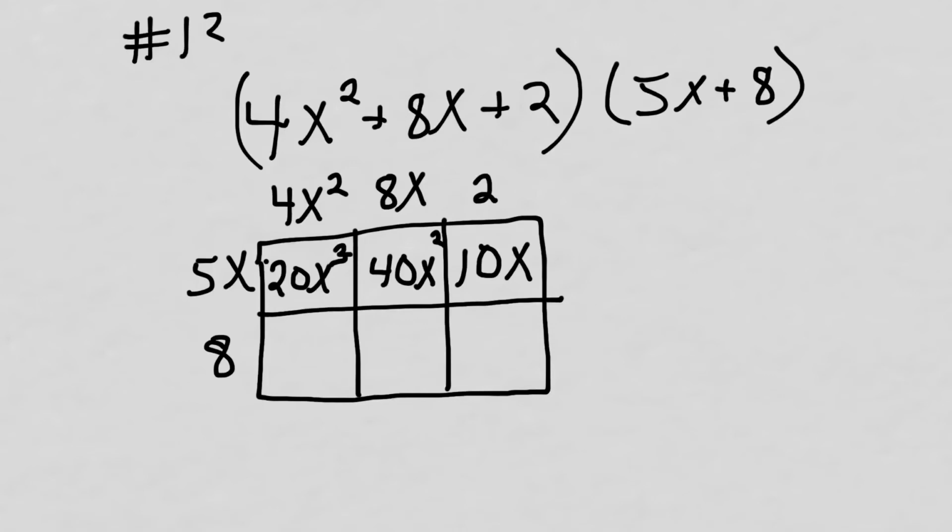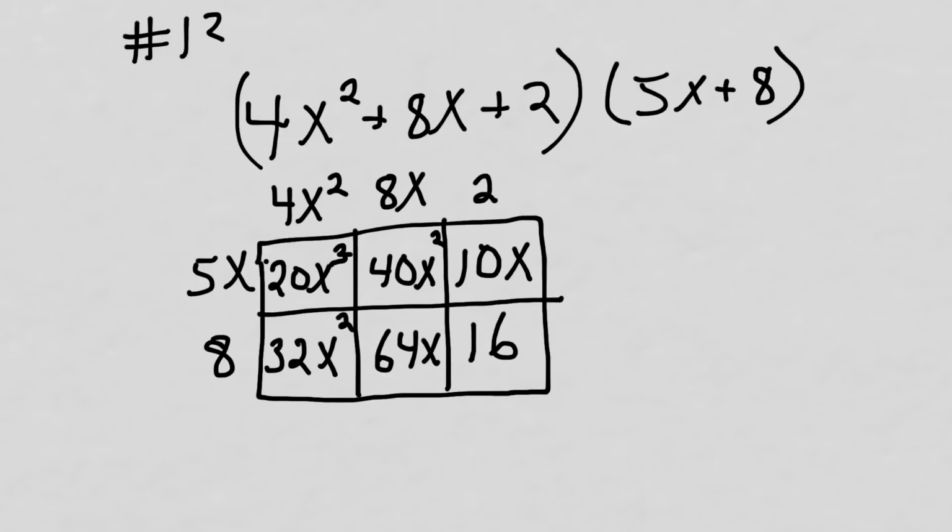The bottom row, 8 times 4x squared is going to give us 32x squared. 8 times 8x is going to give us 64x. And 2 times 8 is going to give us 16.